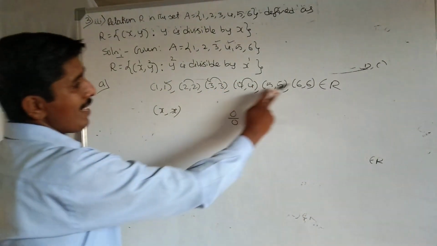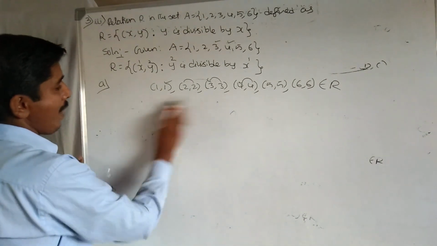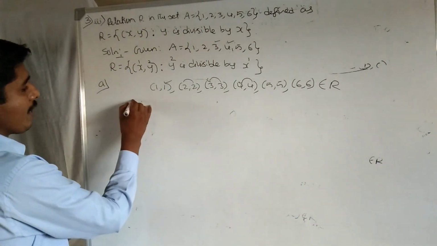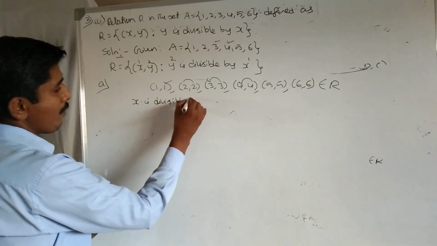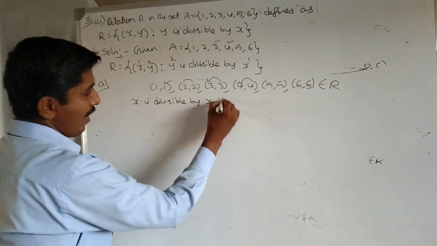Instead of writing these 6 elements, I am taking it like this: (x, x). We know that every number x is divisible by x itself.